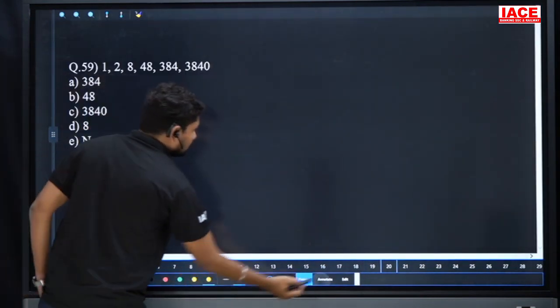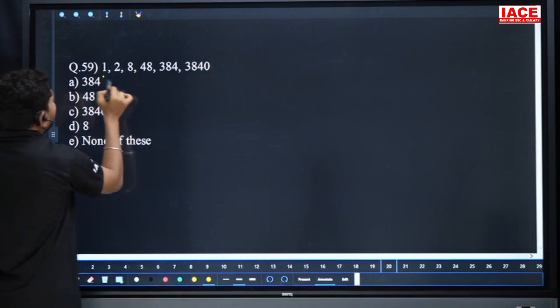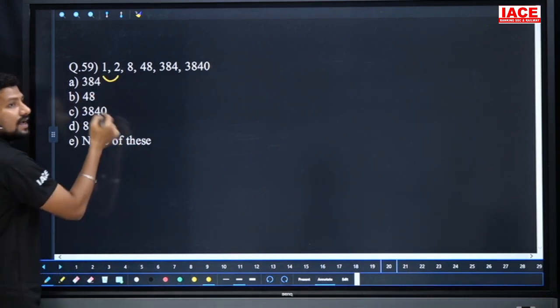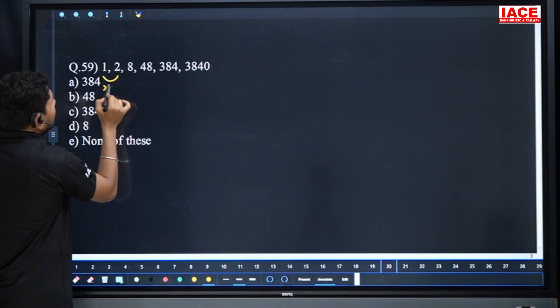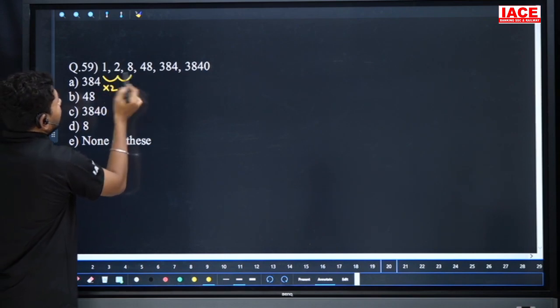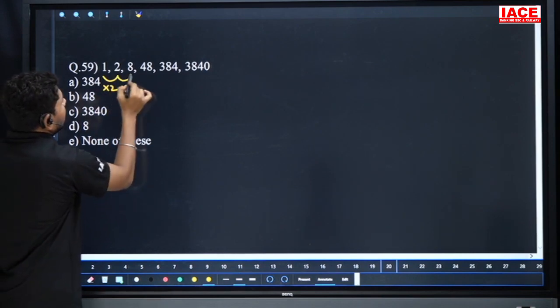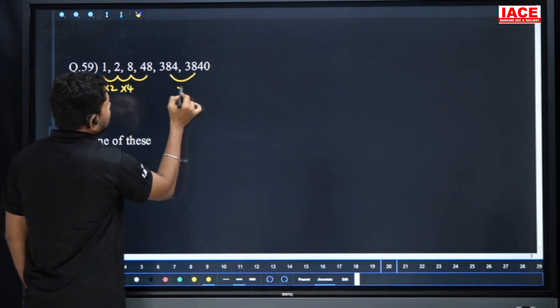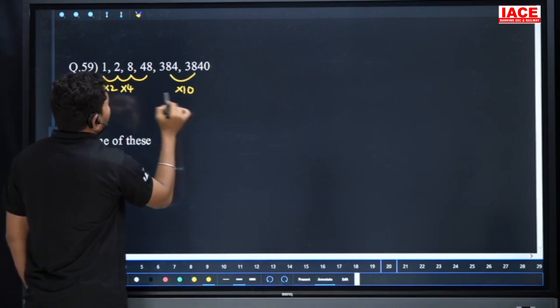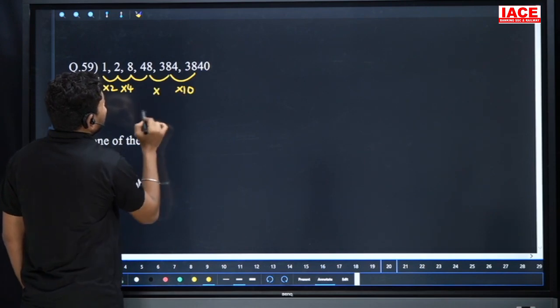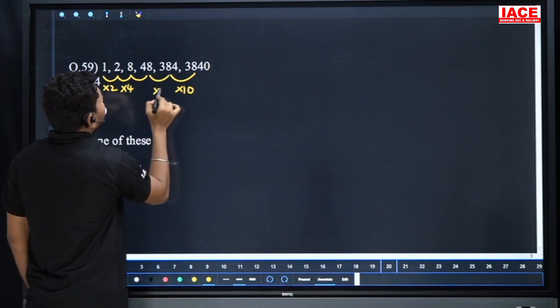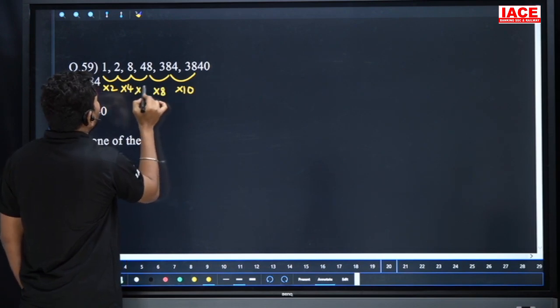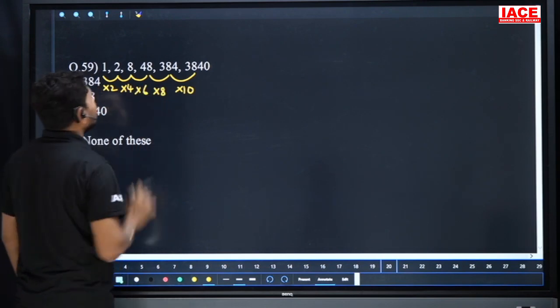Next, 1 became 2, that means here either the added 1 or multiply, here I am multiplying now into 2, and here 2 became 8, it is multiplied by 4, here is multiplied with what number, look at 384 became 3840, multiplied with what number, 10, and here is multiplied with what number here. 8 and it is 6, 2 4 6 8 10, this may be a series.